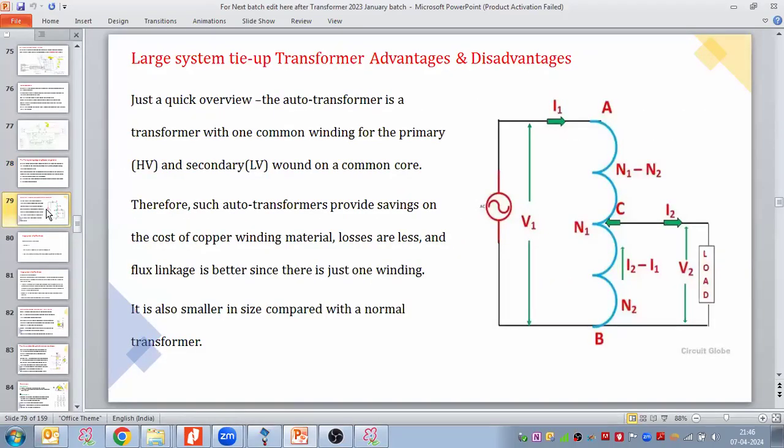Now let us discuss when we are using an ICT or an auto transformer, where HV and LV are directly electrically connected. What is the advantage and what is the disadvantage of the auto transformer?